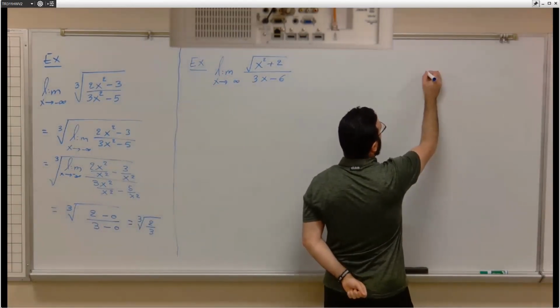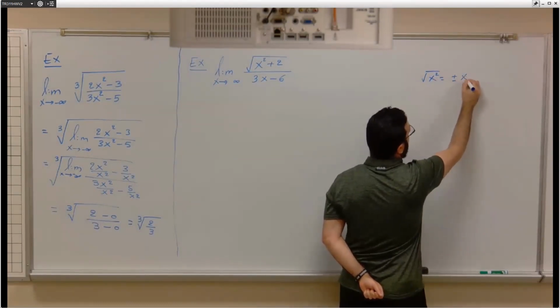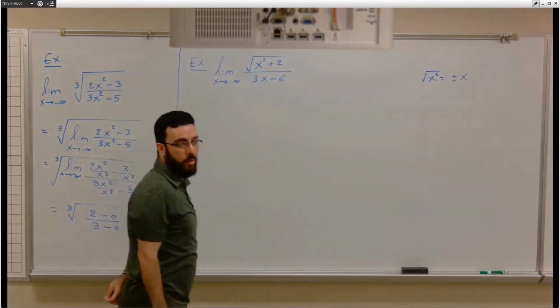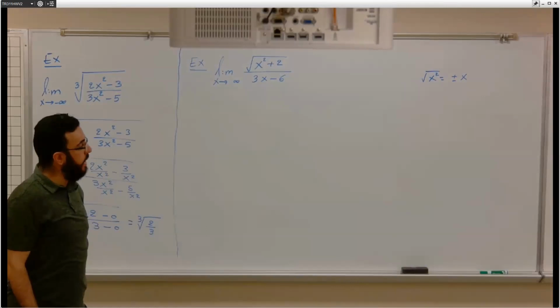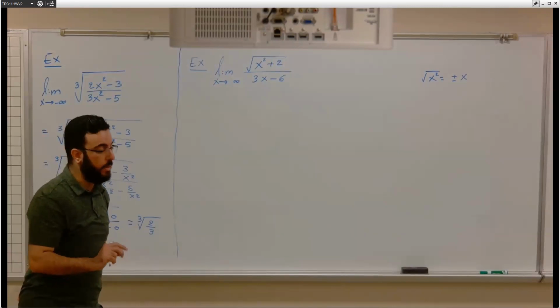We already know the square root of x squared is going to be plus or minus x. The square root of x squared is positive and negative x. We have two results.